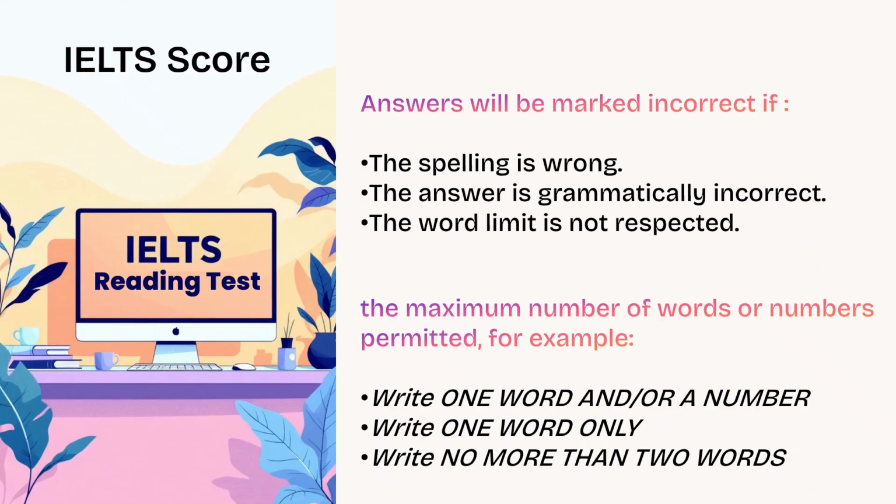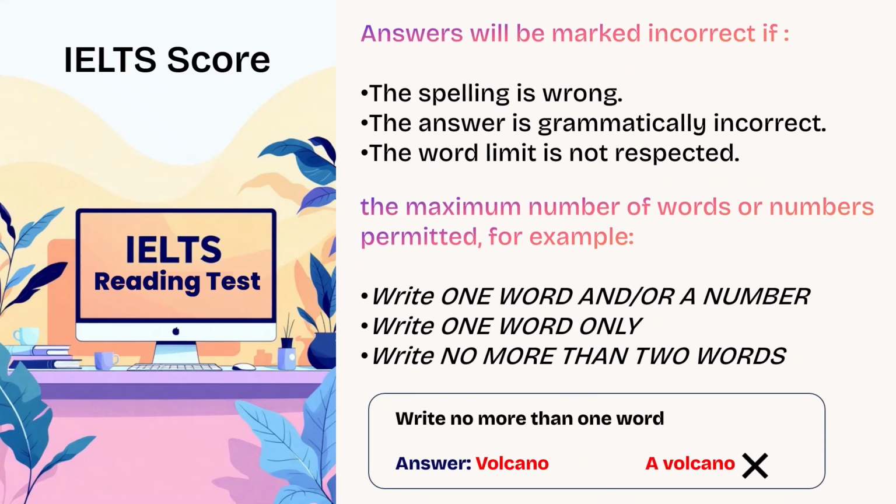For example, write 1 word and or a number, write 1 word only, or write no more than 2 words. For example, if a question says that no more than 1 word is allowed and the correct answer is volcano, but you write a volcano, your answer is incorrect. So be careful. Respect the instruction.